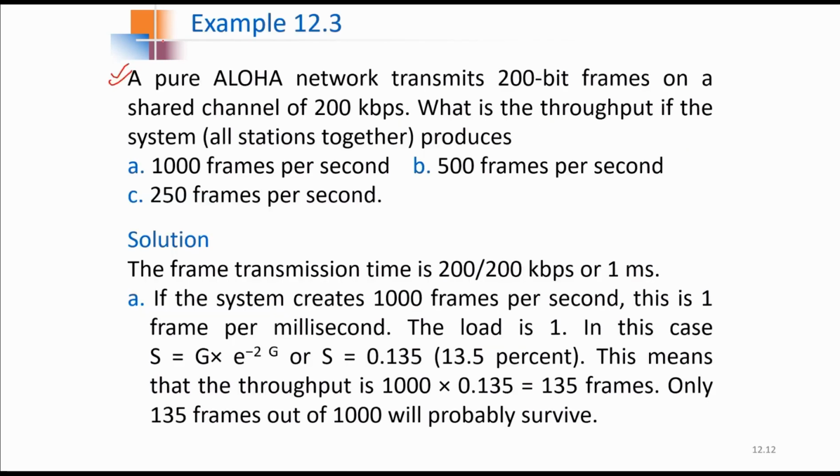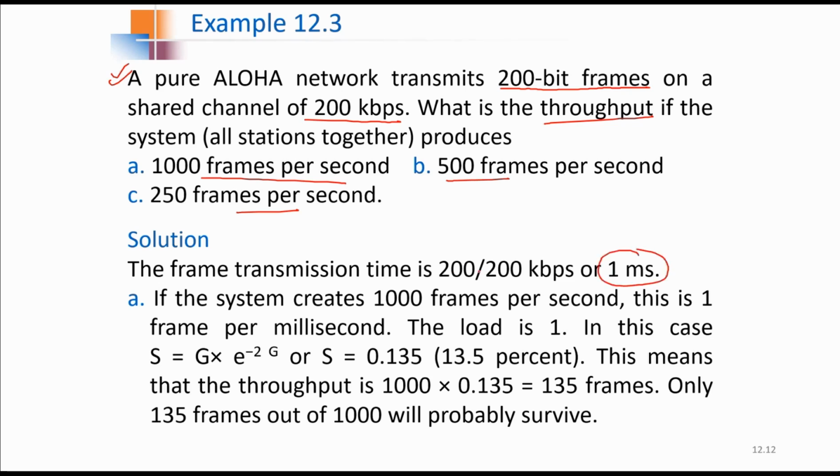You can just go through this question. It is basically to find out how we can find the throughput when we are sending 1000 frames per second, or 500, or 250 frames per second. Here the frame size and the channel size are given, so the frame transmission time will be 200 divided by 2000 kbps, which is 1 millisecond.